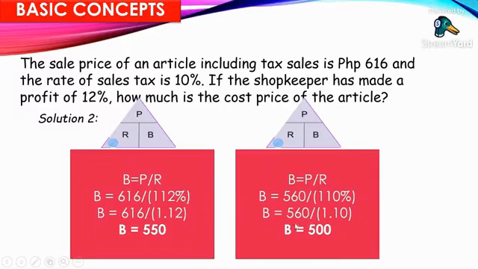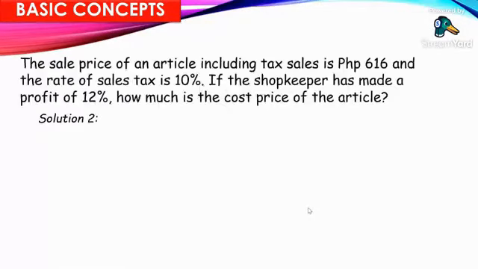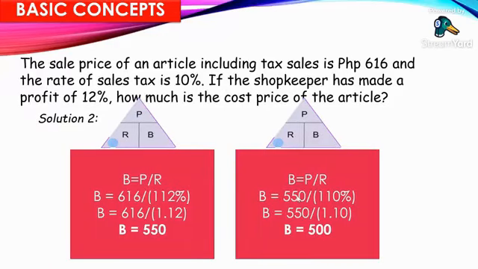This should be 550. So 550 divide 110% or 1.10 or 1.1. So 550 divide 1.1 is B is equal to 500. So still, we have the same answer as the previous solution.